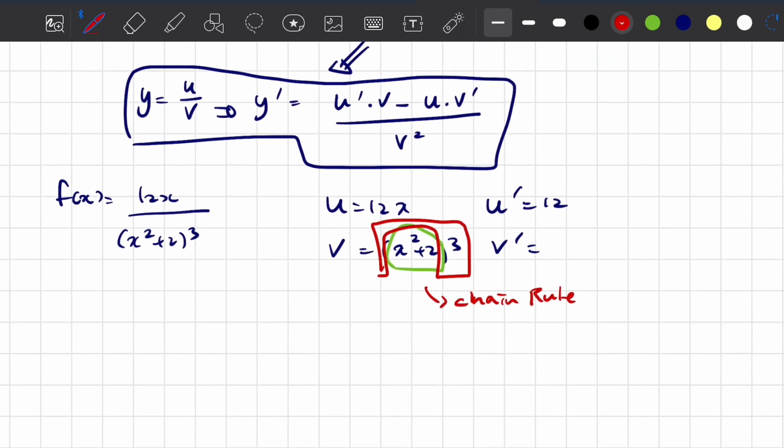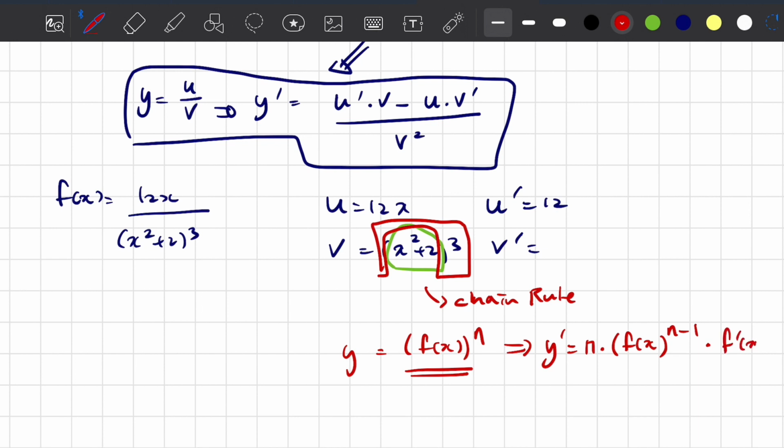How does the chain rule work? If we have y equals (f of x) to the power of n, then y prime is n times (f of x) to the power of n minus 1 times the derivative of f of x. That's how the chain rule works.